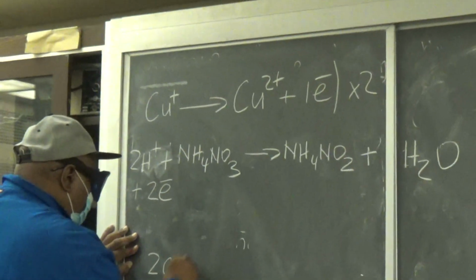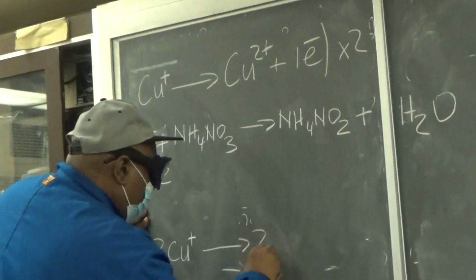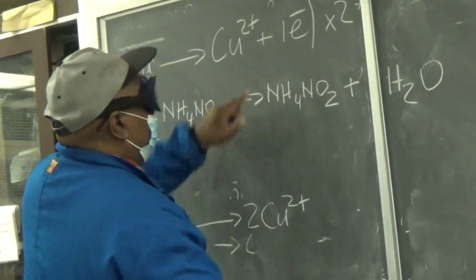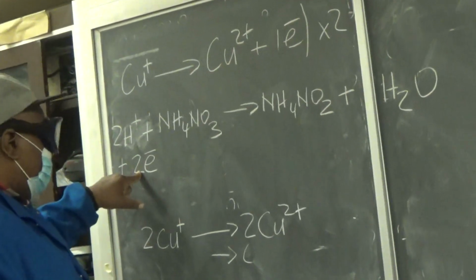2 plus, gives 2 copper 2 plus. The electron can be gone, because this was gone. So here can also be gone.